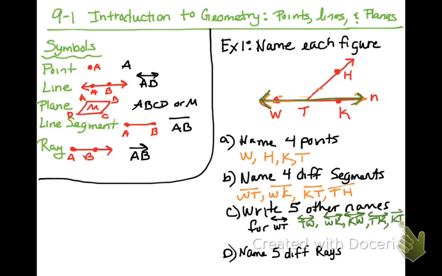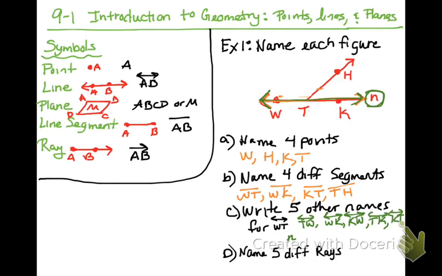Okay, that's 5, but I'm going to tell you one other. This N right here also is calling that line N. So all you have to do for that one is put a little cursive N. You don't have to put a line over the top of it. It's just N. Wait, so do you always have to put a line over it? It's its own self. Yeah. You have to make a line segment. I mean, for a line, yes. Line segments have just the no arrows.